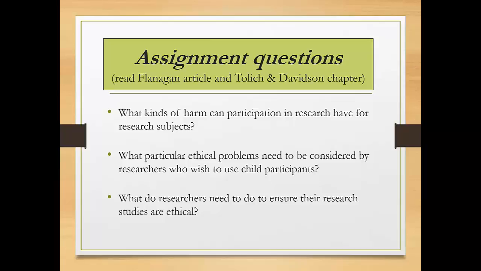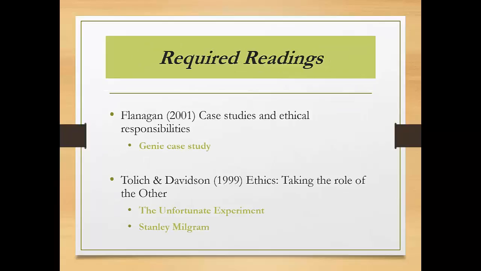You need to answer the questions using this PowerPoint and the 2 readings on research ethics by Flanagan and by Tolich and Davidson. You can access the readings electronically from links on your course Moodle site. While you're reading them, you need to look for examples of specific case studies that you could use as examples to help you answer these questions.